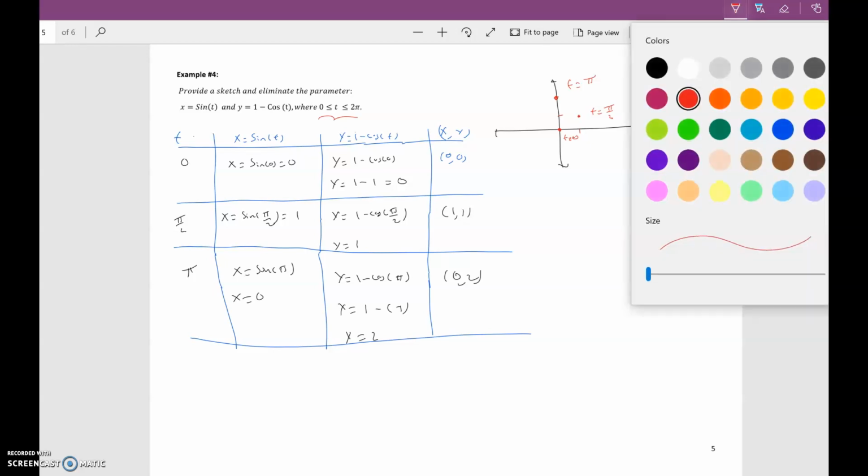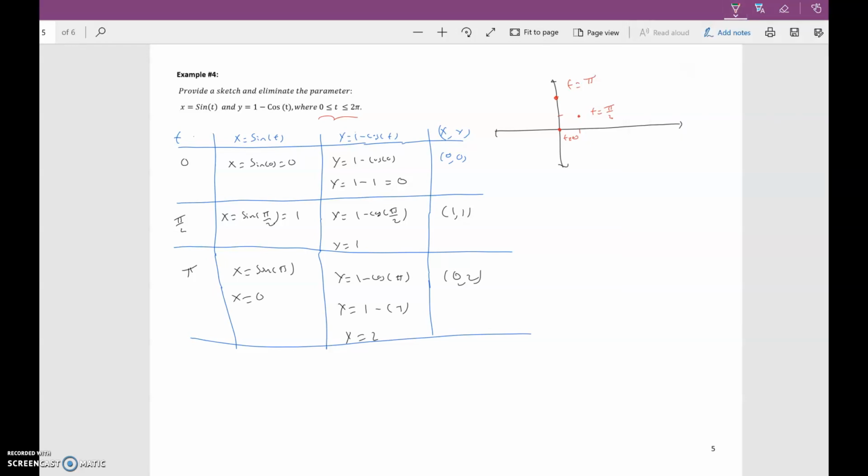Now, this is obviously not to scale, but what we have here is a circle, a circle that's going in this direction. And it's actually going to close at 2 pi.